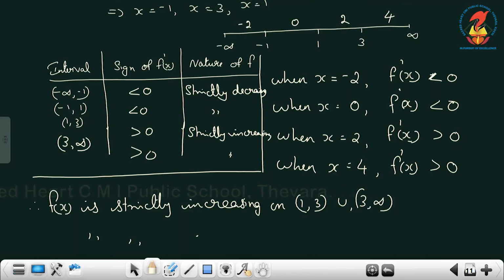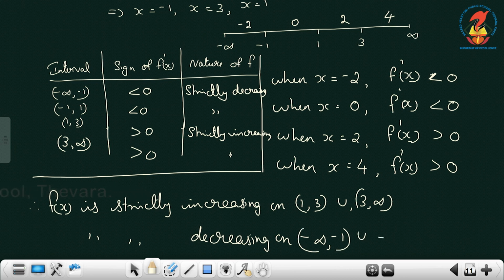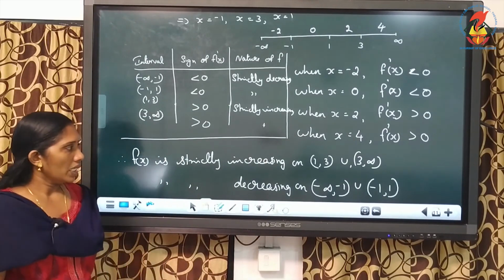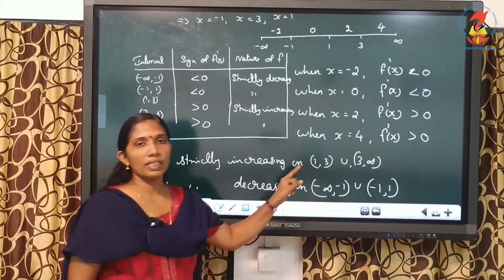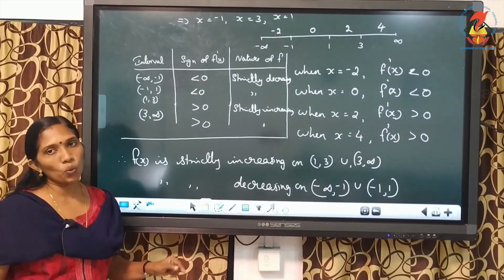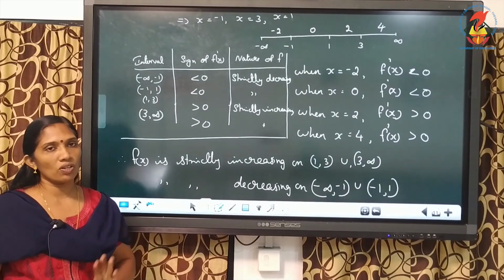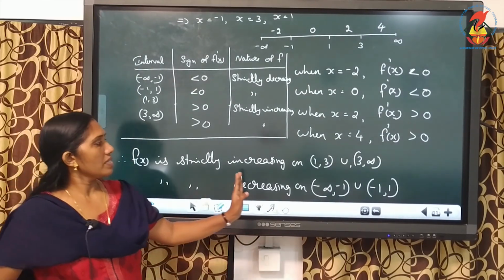Then f is strictly decreasing on minus infinity to minus 1 union minus 1 to 1. If I put 3 closed, then greater than or equal to will come. So it is increasing, not strictly. So, this is the answer.